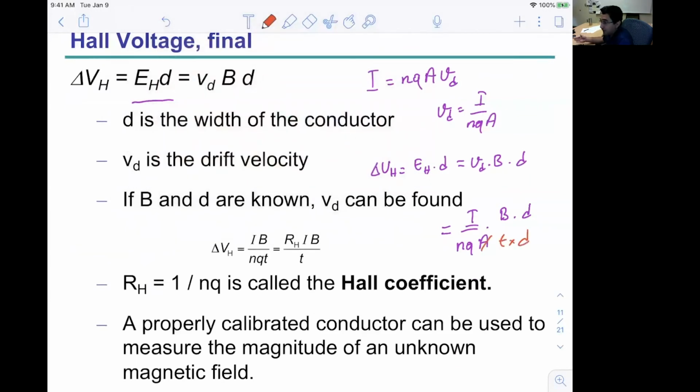So you can cancel the D's, and the whole voltage is going to be I B over N Q T. Sometimes we call this 1 over N Q the Hall coefficient. That gives the concentration. So that's one of the ways to measure this concentration.